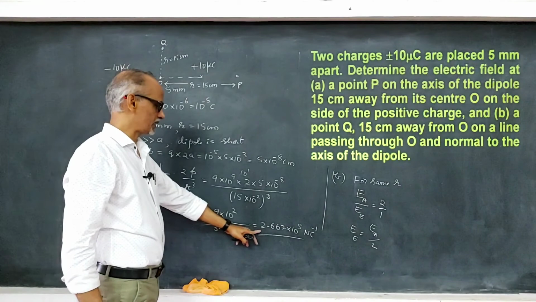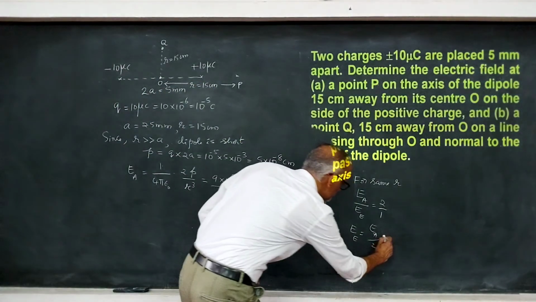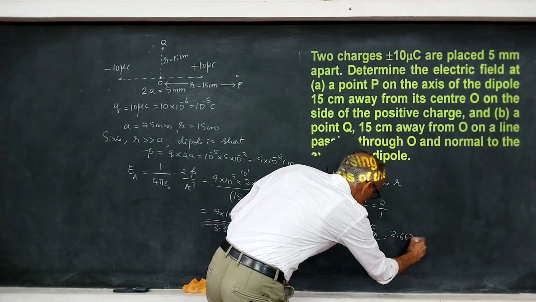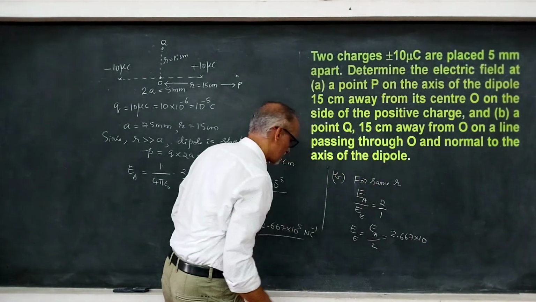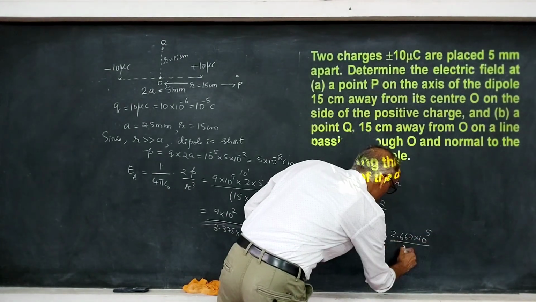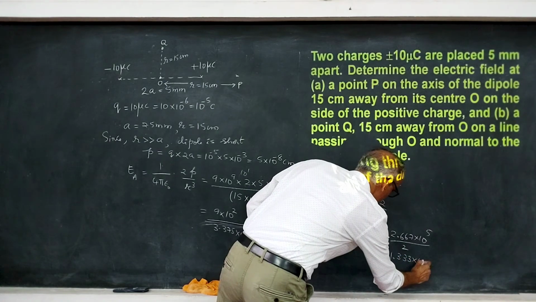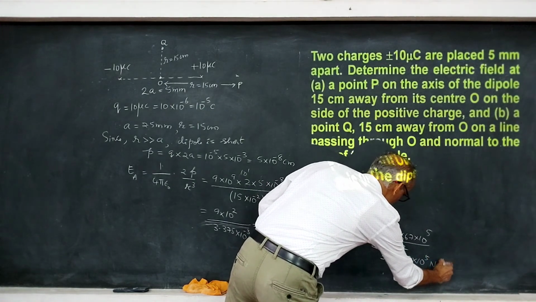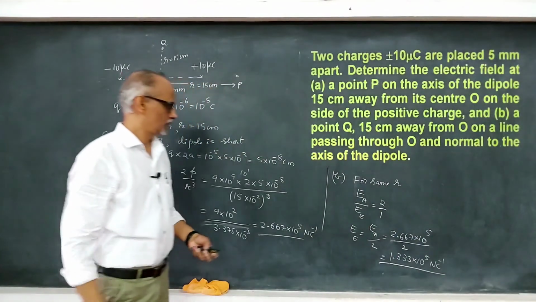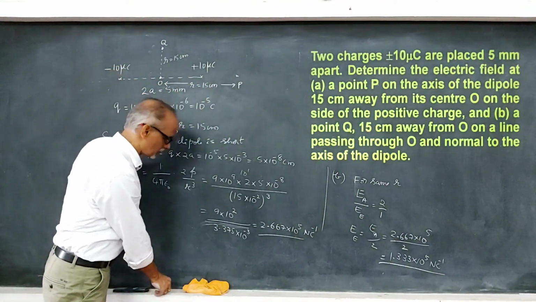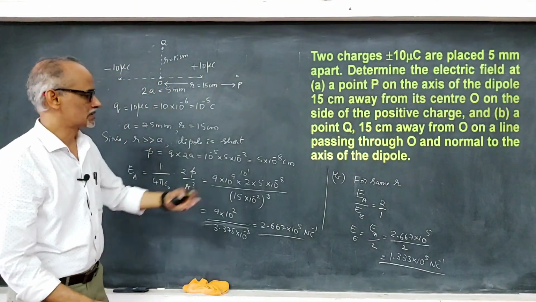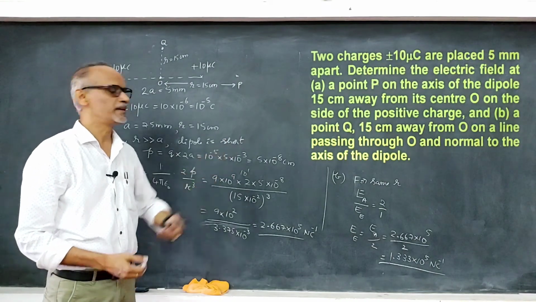Field at a point on the axial line is 2.667 into 10 to the power plus 5, divided by 2, and you'll get 1.333 into 10 to the power plus 5 Newton per Coulomb. So that is the answer for option B.